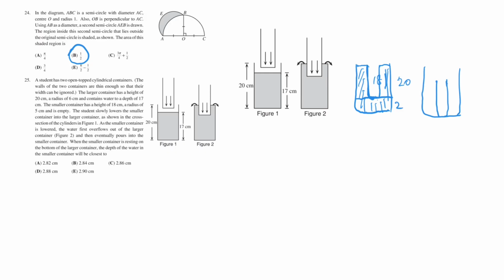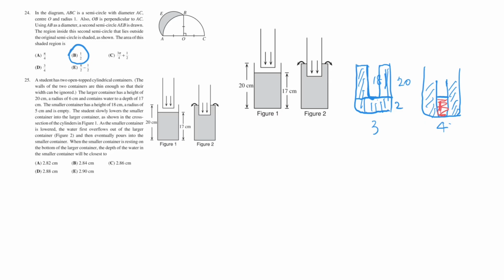Now, what's the water level? The water level will be this part. From Figure 3 to 4, water will all pour into the smaller container. Now, the smaller container water level is this part.